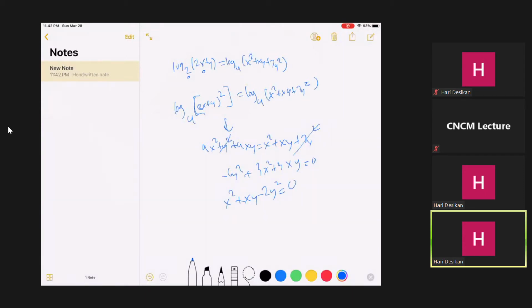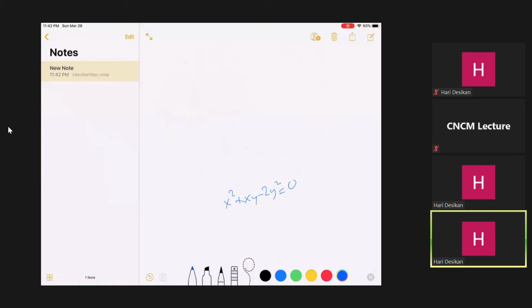Now, in situations like these, it's always a good idea to factor the expression. I'm going to leave this up for one more second just so you can read through what I've written. And yeah, it's gone now. So it's always good to see if you can factor the expression at hand. And this is an easy expression to factor, because we see that if x equals y, we're good. So we know x minus y divides the expression.